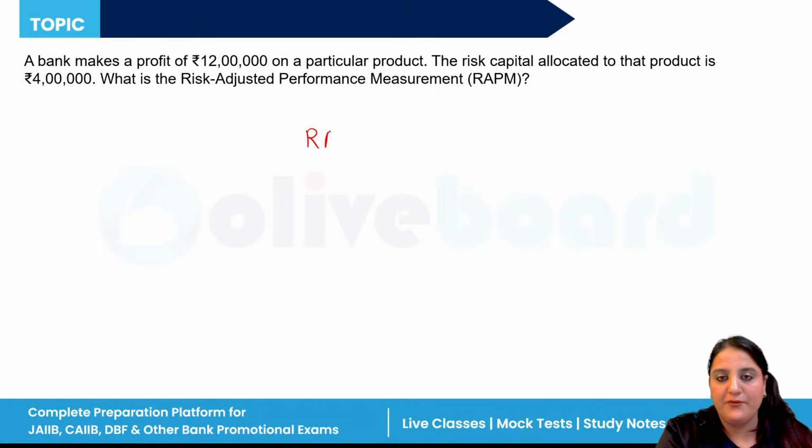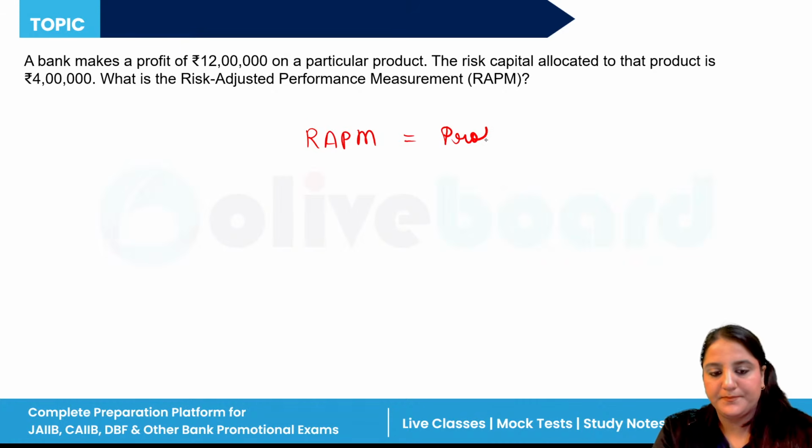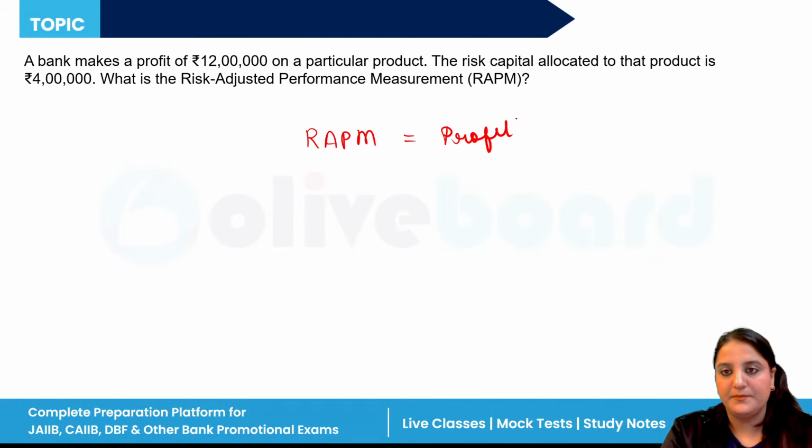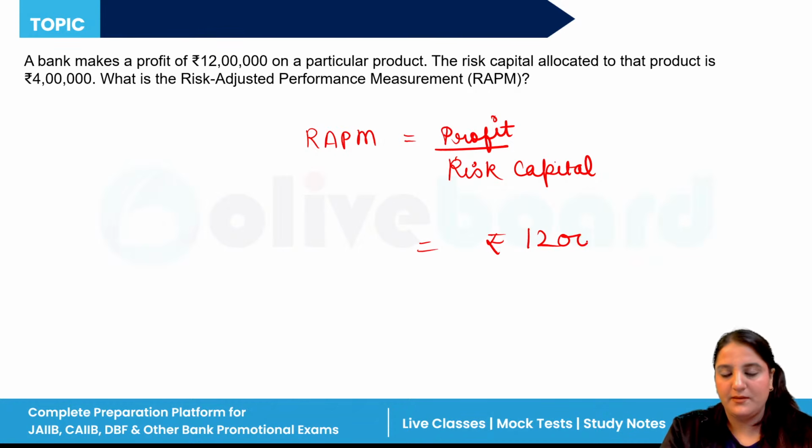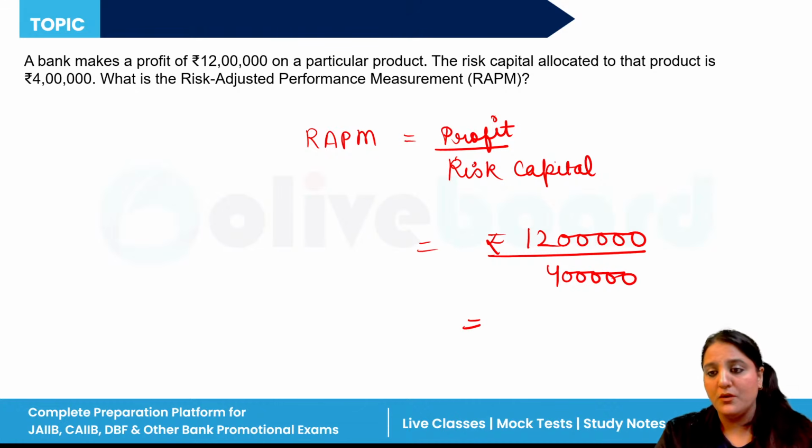How to calculate the RAPM? Same, we have the formula, profit divided by risk capital. So 12 lakh divided by 4 lakh, which is equal to 3.